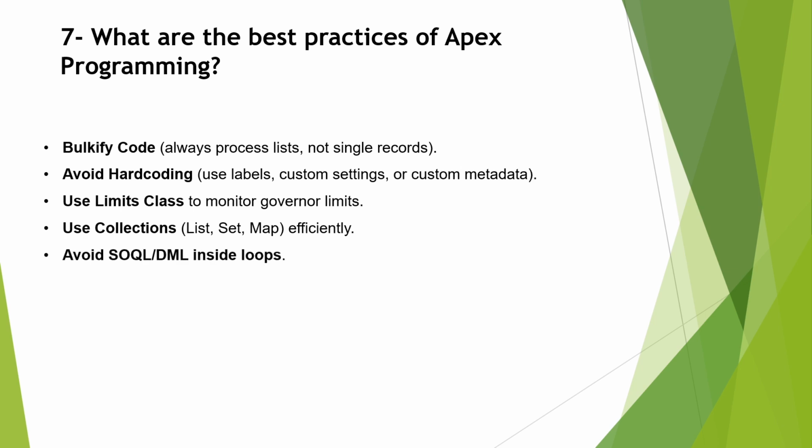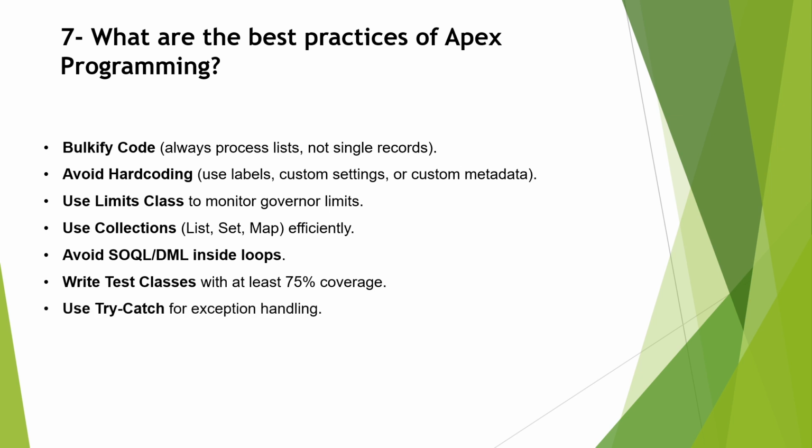Fifth, avoid SOQL and DML inside loops. Sixth, write a test class with at least 75% coverage. When you write any code, do a unit test, create a test class, run it, and make sure the coverage is at least 75%.